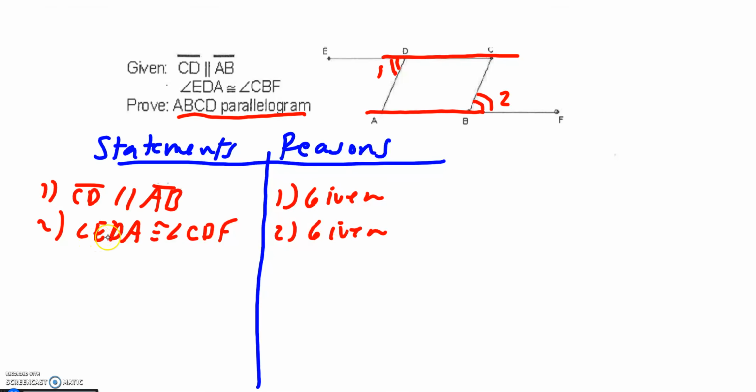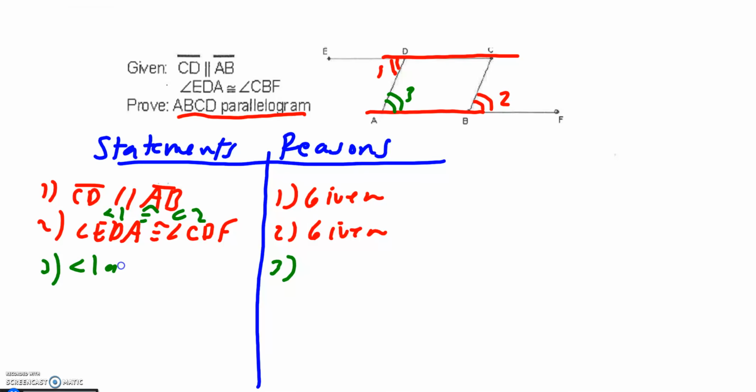Now, just to be a little bit more simple, I'm going to call EDA angle 1, and I'm going to call CBF angle 2. So you could also write this as angle 1 is congruent to angle 2. What I noticed from there is because we're given these two lines are parallel, and that's a transversal, 1 and this angle, which I'll call 3, are alternate interior, so they must be congruent.